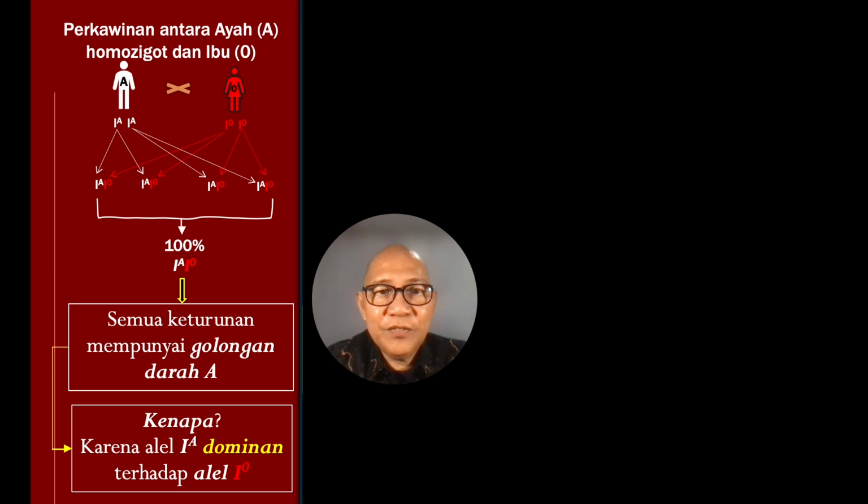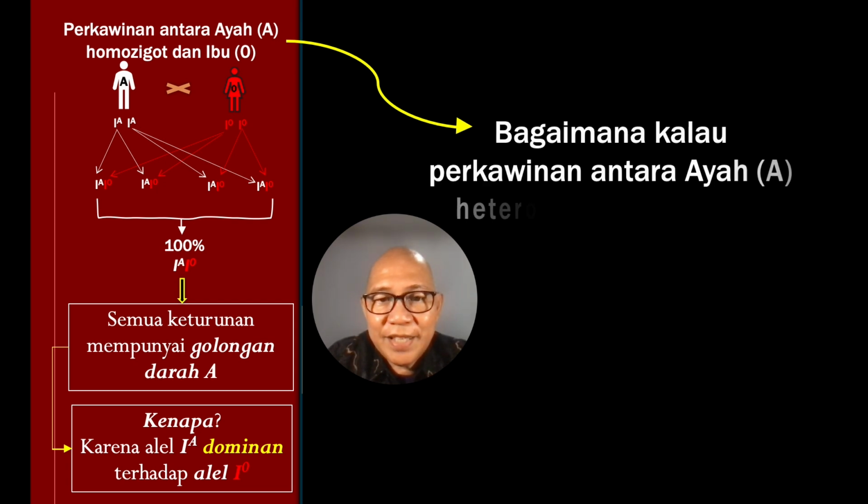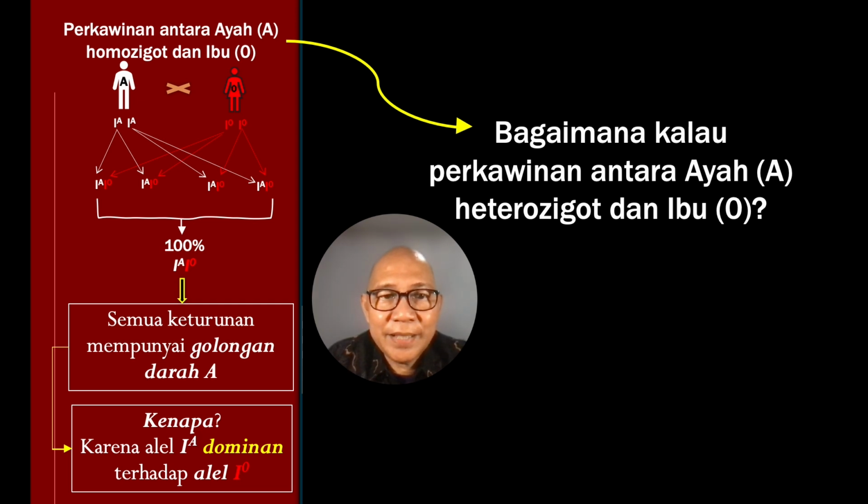I would like to give two examples to further clarify how traits, in this case the phenotype trait of blood type, are inherited. First, if a father carries heterozygous A, IAIO, and he marries a mother with blood type O, what can be expected in their offspring? The explanation will be provided shortly.